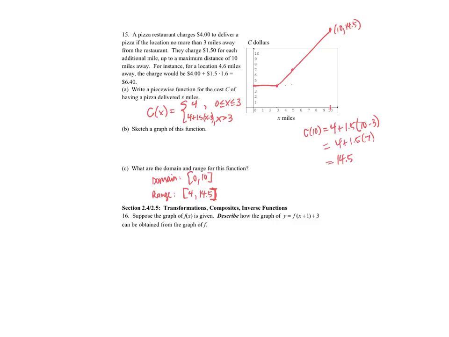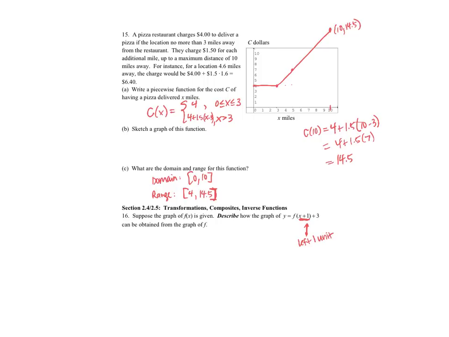Okay, so the next one, supposing the graph of f is given, I want to describe how the graph is transformed. You may have seen this: when you have something inside with the x, we move it left and right. So if we add 1, that's going to move to the left 1 unit.